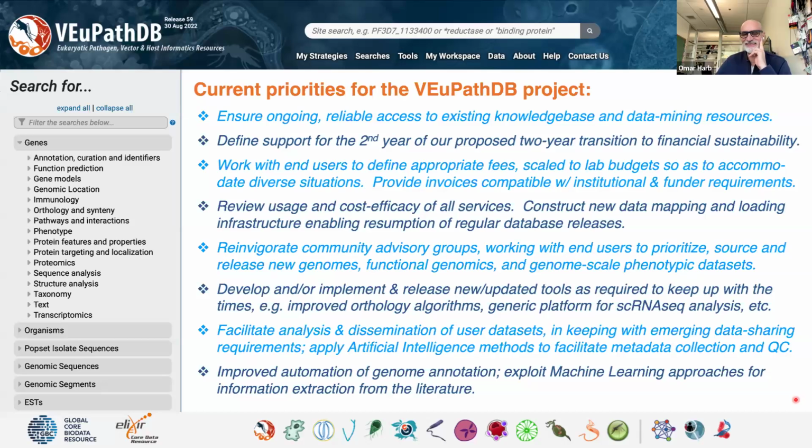That would more than cover our needs, but it would also clearly be inappropriate, because work on anti-infectives and on the organisms supported by VEuPathDB is a small fraction of Novartis's work. So it's going to require some effort to figure out what is appropriate and what is achievable. It will not be 1% of budget, but it will not be zero, and it clearly needs to be more than the cost from an individual lab of 10 members.